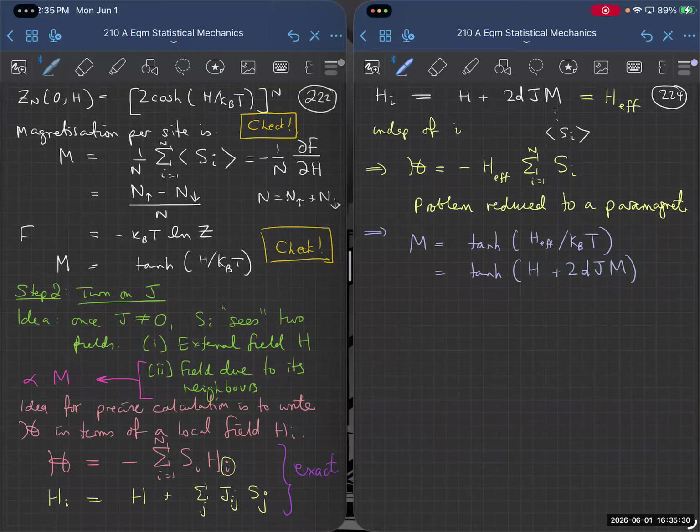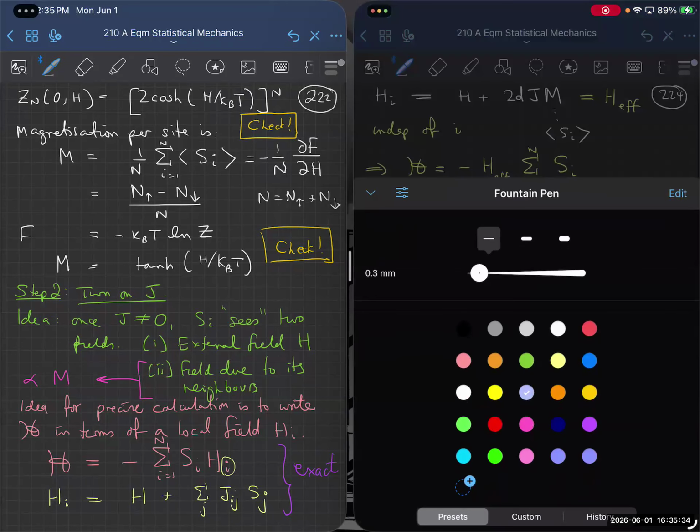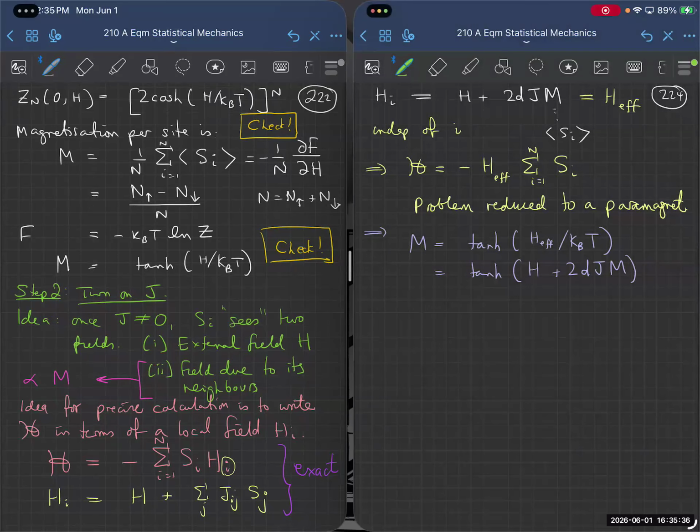And that's the important thing. And so now you can see why this is a self-consistent field. Because here I have M, and then M is also here on the right-hand side.